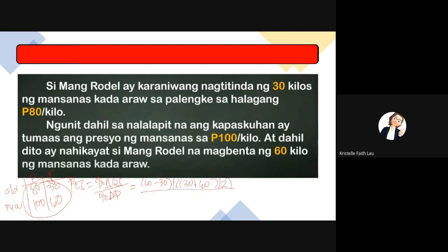Then, for the percentage change in price, so we have the P2 na 100 minus 80. Divide natin siya, kunin natin yung average price. So, we have the average price, the 80 plus 100 divided sa 2.